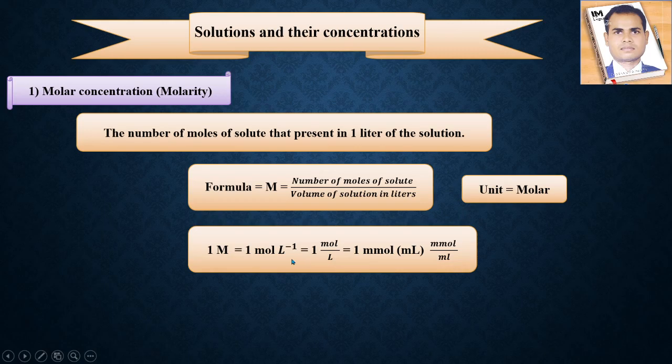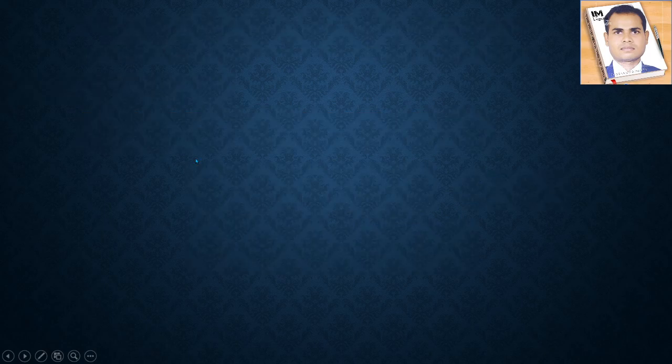Okay, that is the unit. Again you can write it in this way: 1 millimole, in short form mmol, divided by mL. So in this way you can write the unit for molarity.